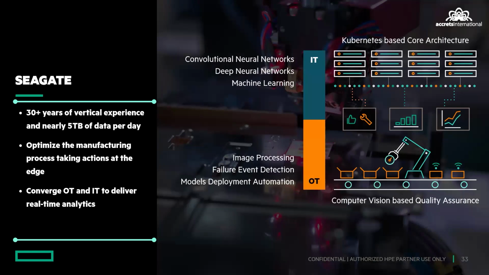Together, the two teams, the IT and OT teams, worked together to get the result they want. Everything uses image processing, failure event detection, as well as model deployment automation. So this is one of the use cases, using one of our GPU servers that we mentioned earlier.